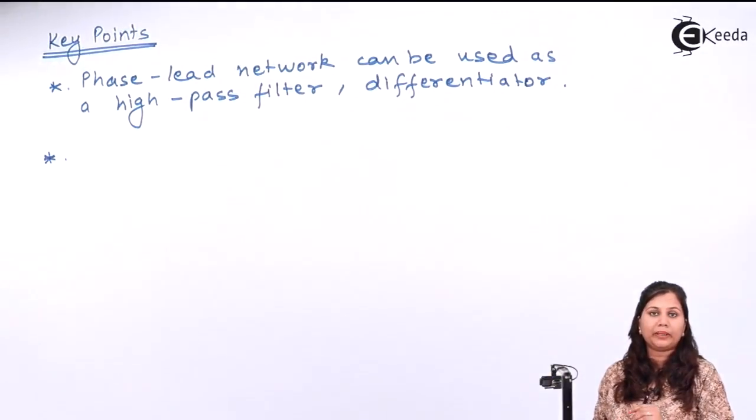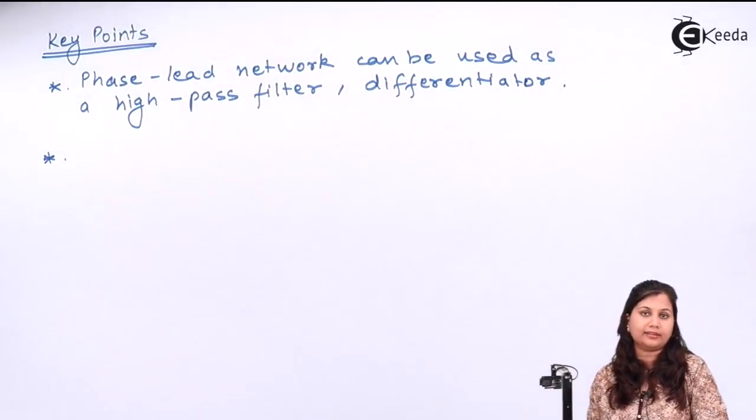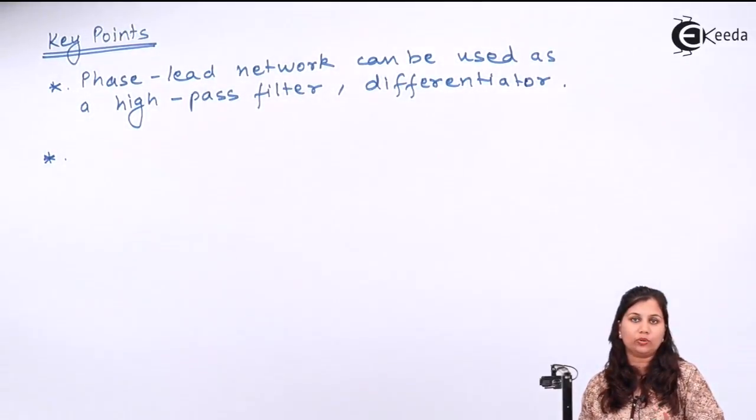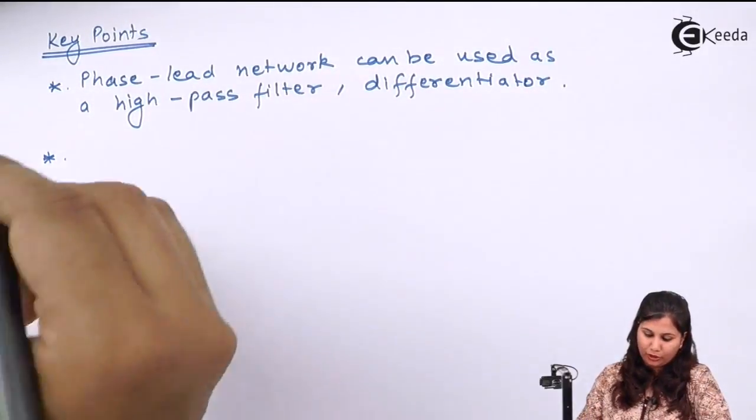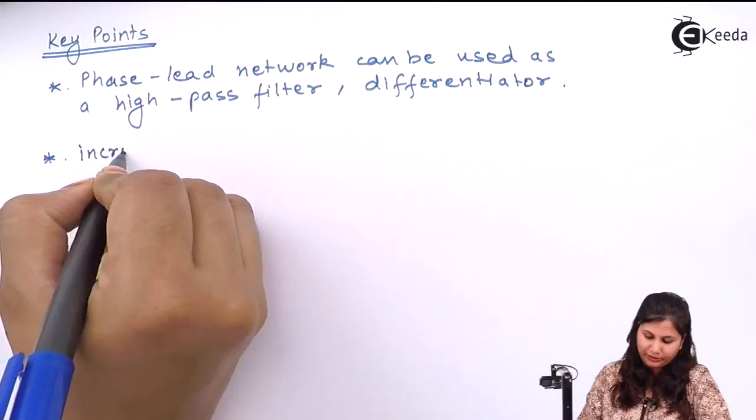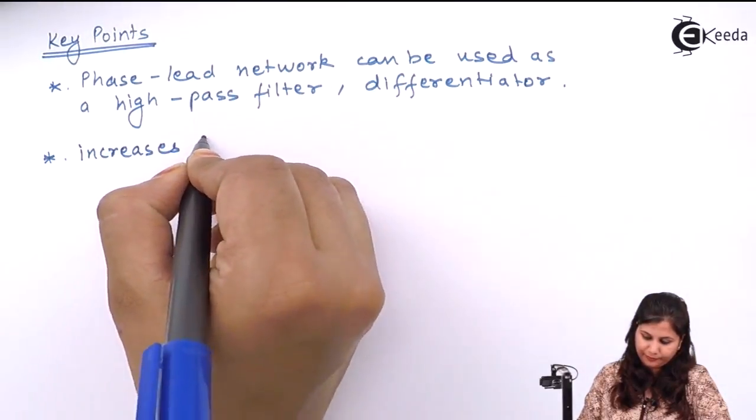The second main point is that, as we have seen, in the phase lead network the zero is dominant, that is, it has a dominating zero, and when phase lead networks are introduced in the system, that is, connected in the forward path, this phase lead network increases the phase shift of the system. So this is the second point, that it increases the phase shift.